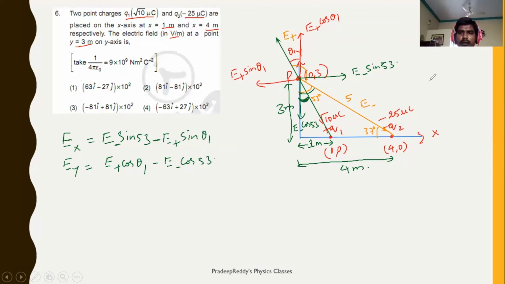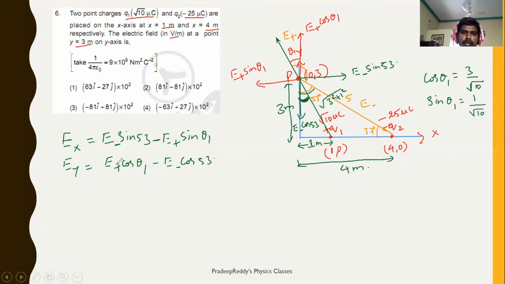So I can write cos theta 1 is equal to 3 divided by the length, sin theta 1 can be written as 1 divided by the length. The length from here to here is under root 3 square plus 1 square, 9 plus 1 is 10, under root 10. So cos theta 1 is 3 by root 10, and sin theta 1 will be 1 by root 10.